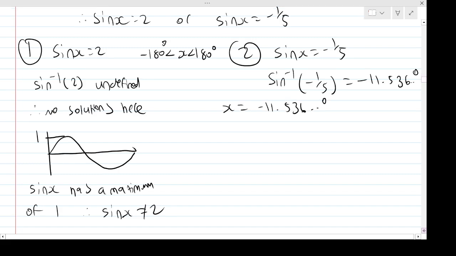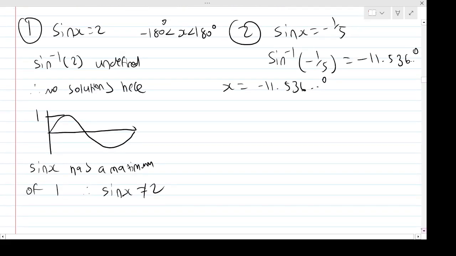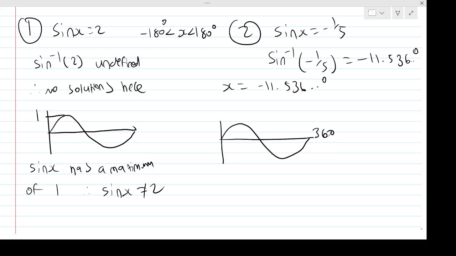To find the other solutions, let's consider the sine graph again. We have a negative angle, so let's go a bit backwards to minus 90. There we are. So minus 11 would be about there really, wouldn't it? If we read off the graph, the next solution would be there.